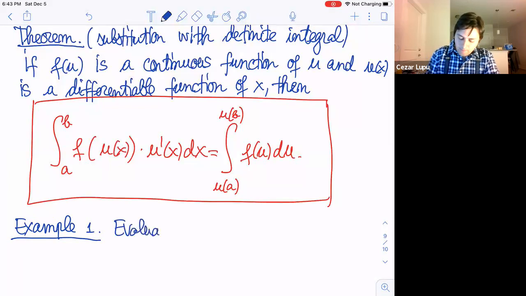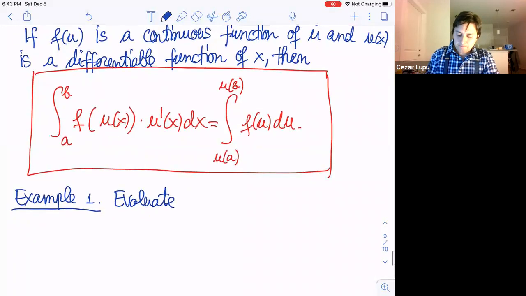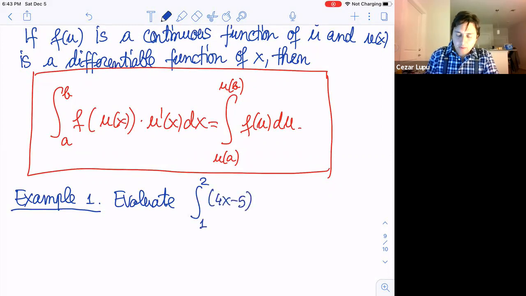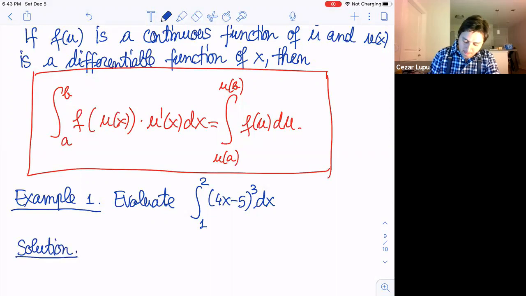Evaluate this integral, from 1 to 2 of (4x minus 5) cubed dx. Right. So let's see. How are we going to evaluate this?